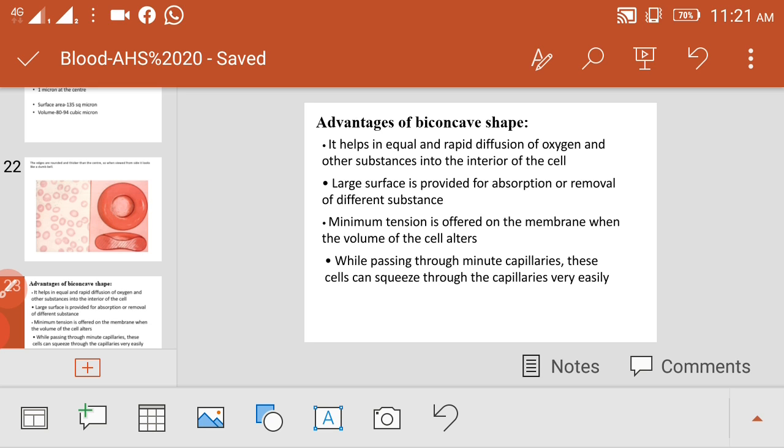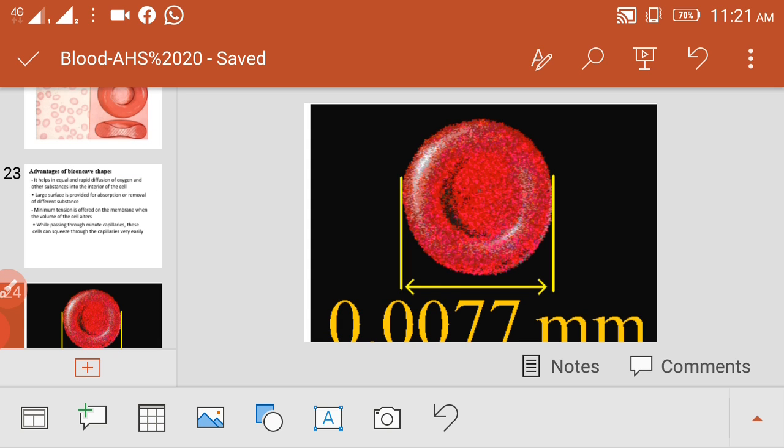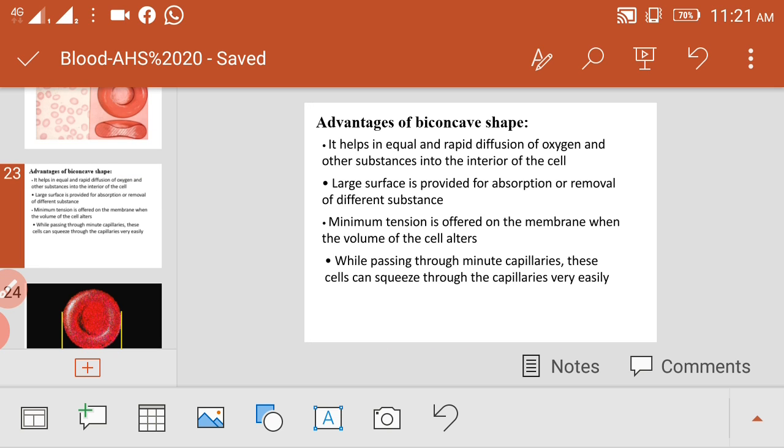Another one is while passing through the capillaries. Capillaries are very thin, very small. So while passing through the capillaries, these cells can easily squeeze through them.